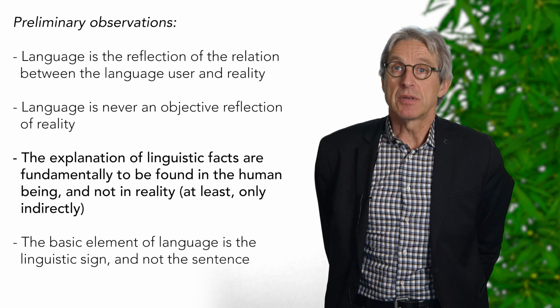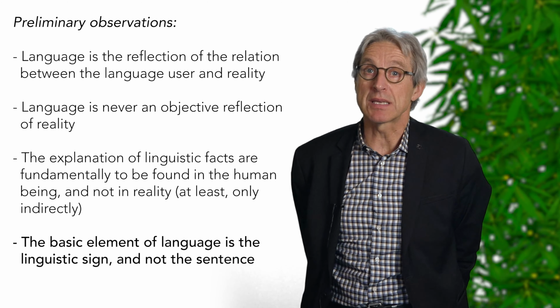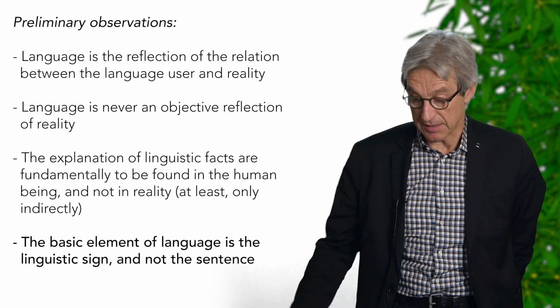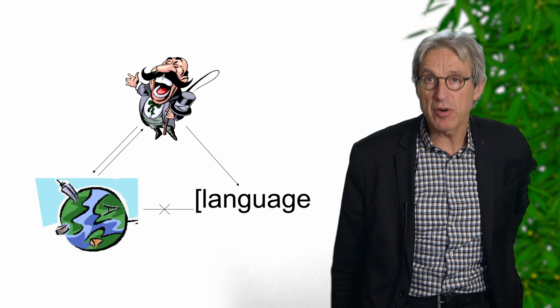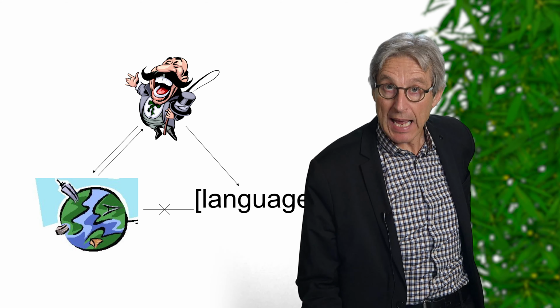Another very important observation is that the basic element of language, in our view, is the linguistic sign and not the sentence. But we'll discuss that later. First, let me show you this image in which we have the speaker on top, the world, the reality on the bottom left side, and language on the bottom right side. Of course, there is a direct relation between the language user, the speaker, and the reality.